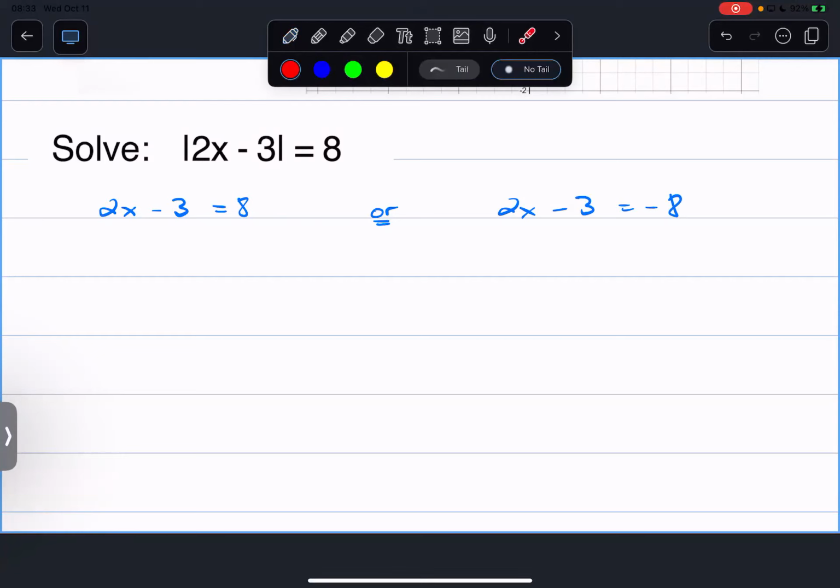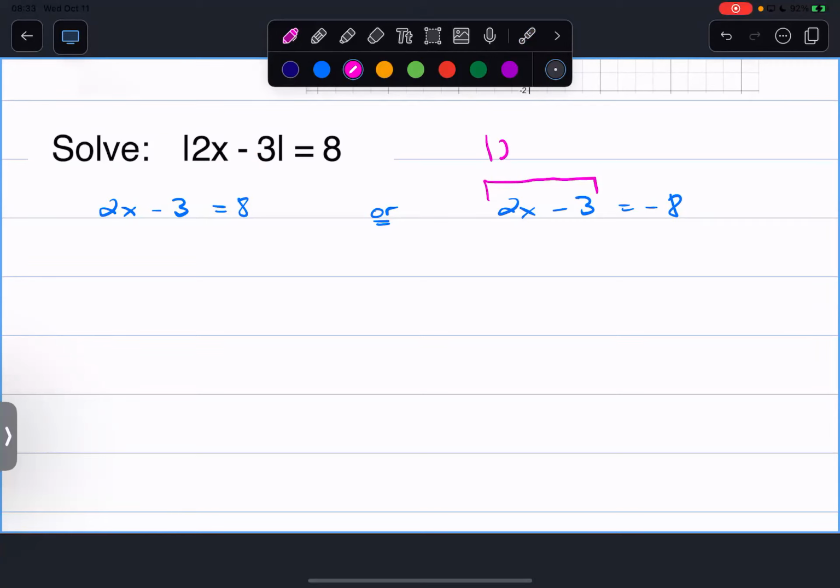right? The outside can't be negative because the absolute value turns a negative value positive, right? But the inside can be negative. 2x minus 3 can be negative 8, and then the absolute value of negative 8 returns 8. Okay. So I'll make a note of that here.